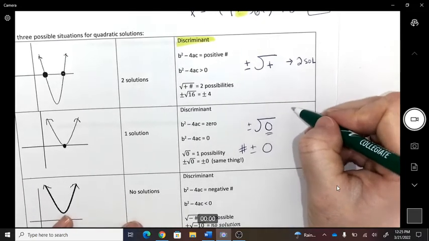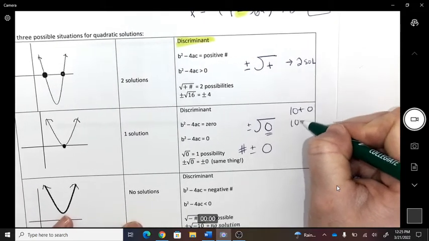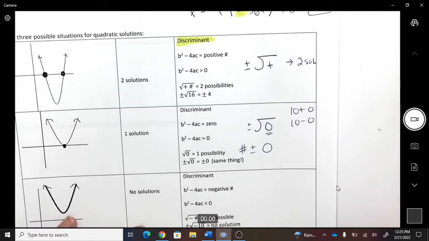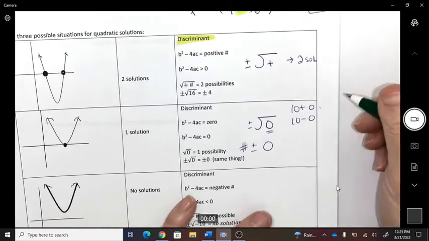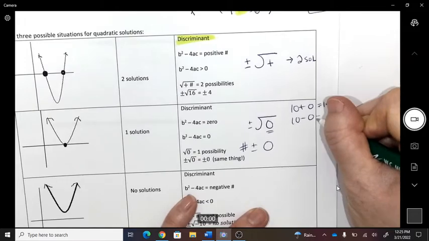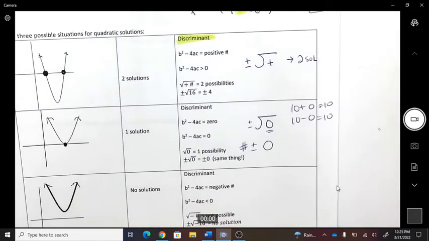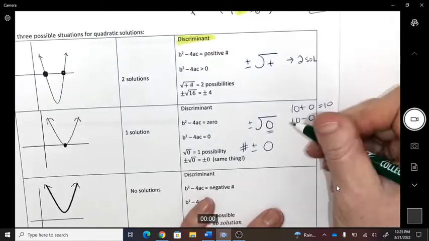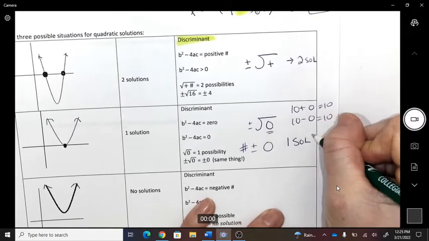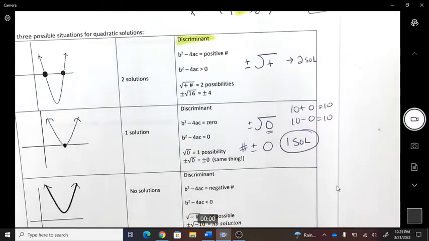Think about 10 plus 0 and 10 minus 0. What is this result? 10. What's this result? 10. Are those 2 different values? No. So if your discriminant is 0, it's going to work out to a plus 0 and a minus 0, and you're only going to get 1 value.